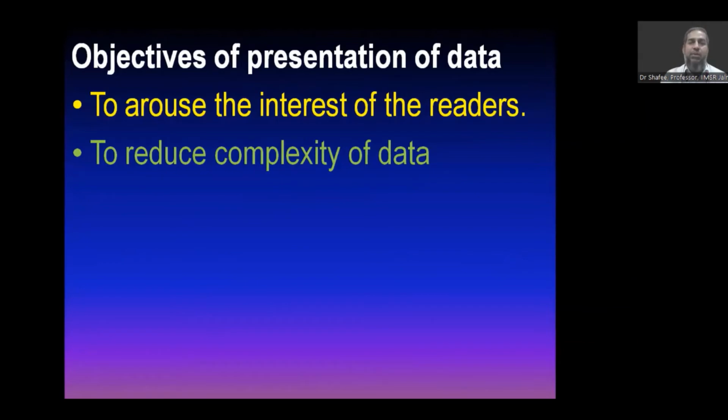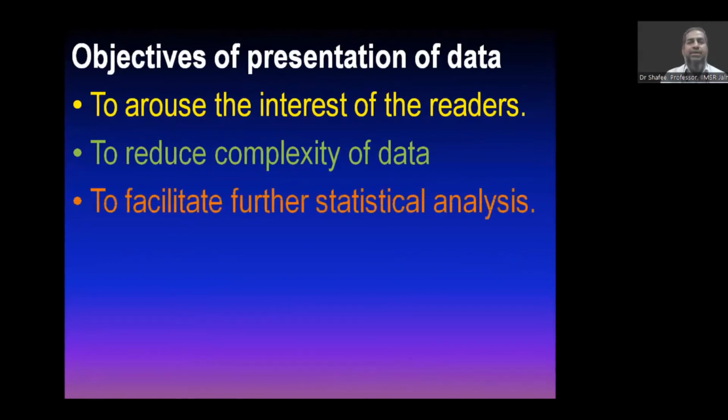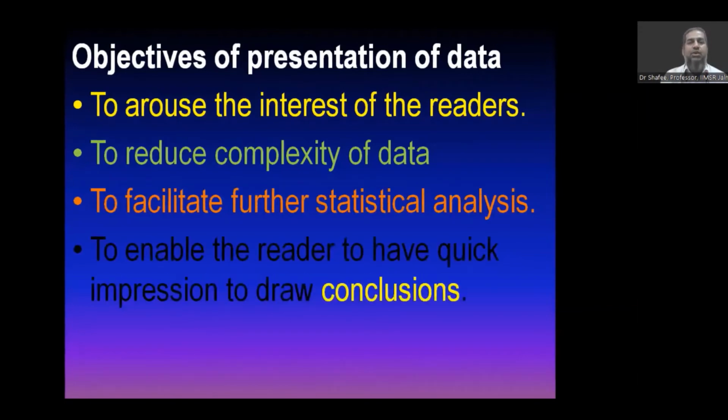So you need to compile the data and then present the data to facilitate further statistical analysis. So if you compile the data, you can do the analysis, and to enable the reader to have quick impression to draw conclusion. So our aim is to draw conclusion from a particular data. That's why we need to present the data.